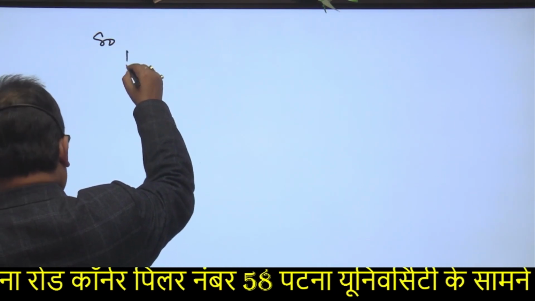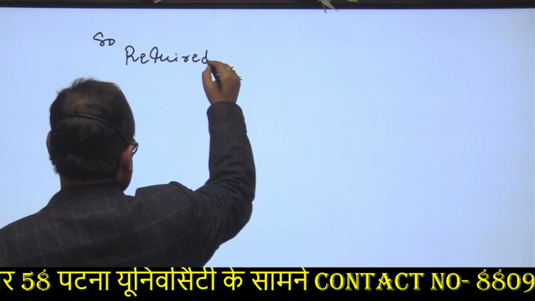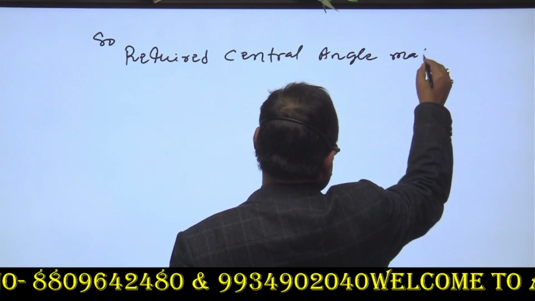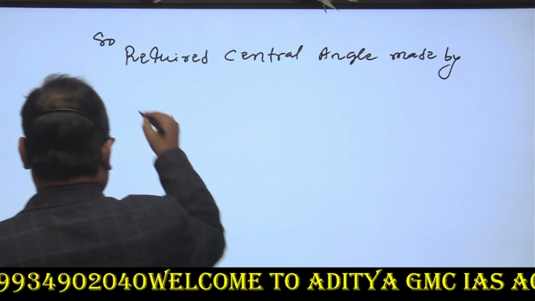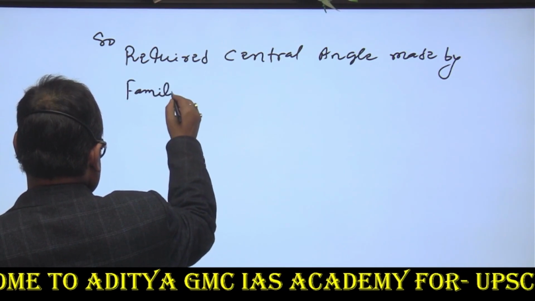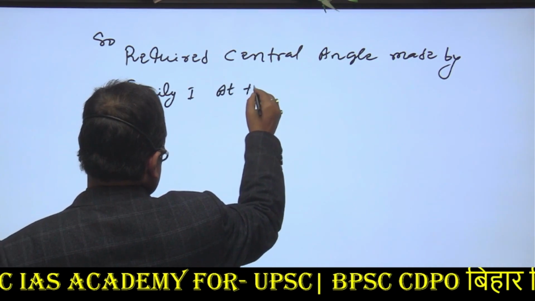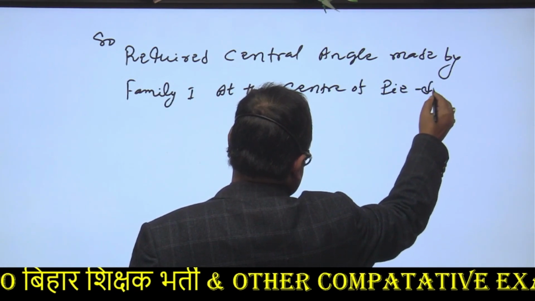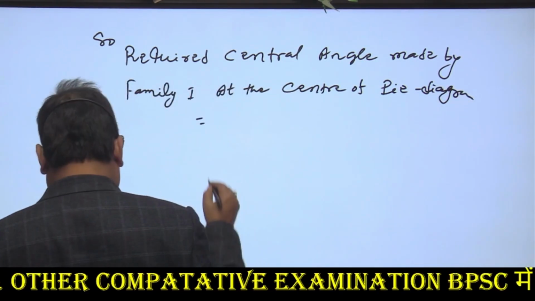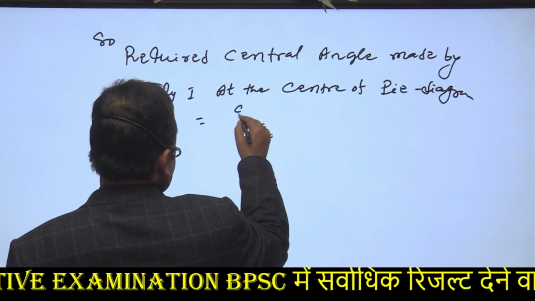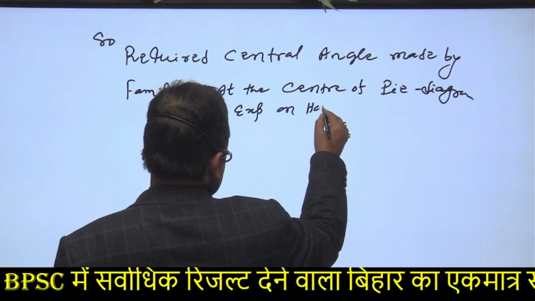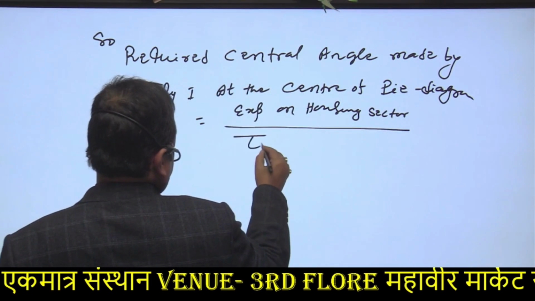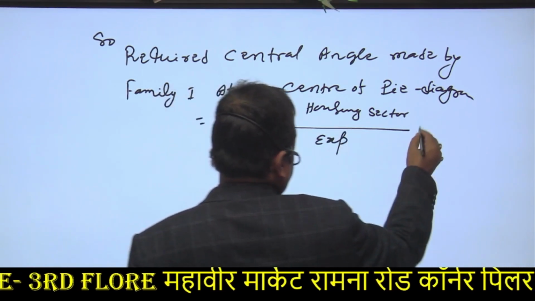So the required central angle made by family one at the center of pie diagram equals expenditure on housing sector over total expenditure into 360 degrees.